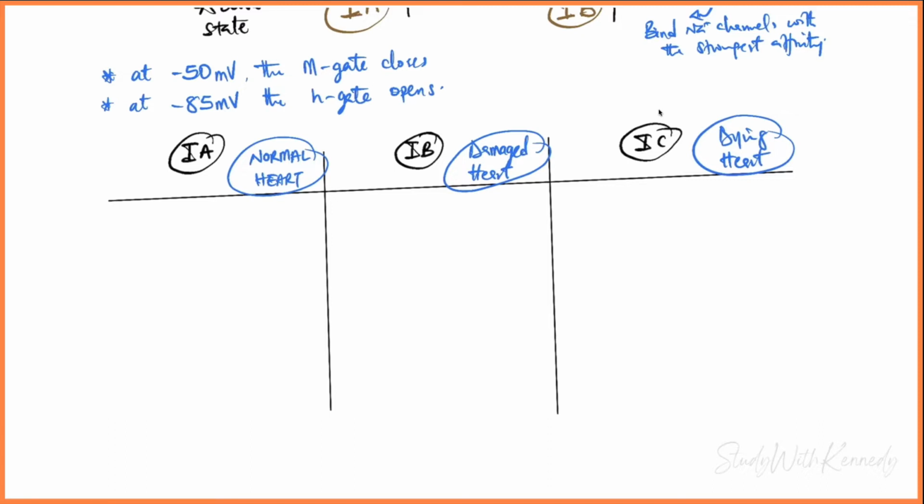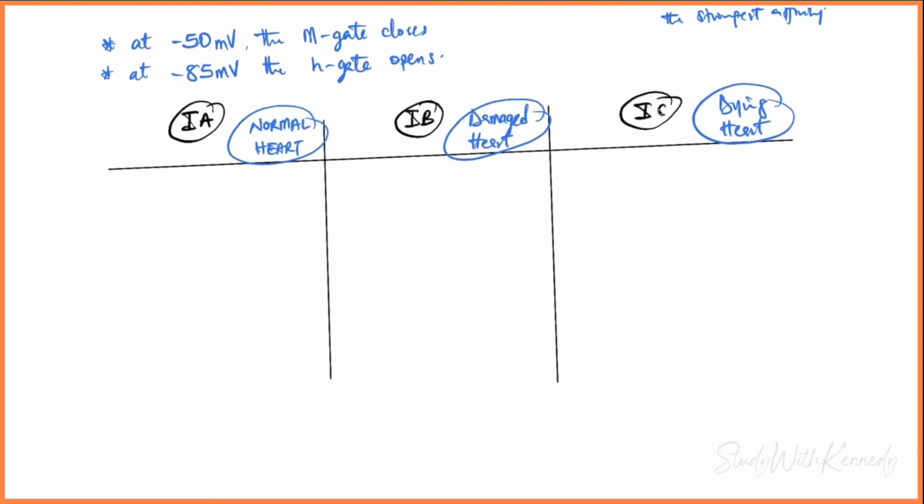Now, what is the effect of class 1A antiarrhythmic medications on the heart? If you remember, we saw our myocardial action potential graph prior to this. We had drawn this. I hope you've seen that lecture.